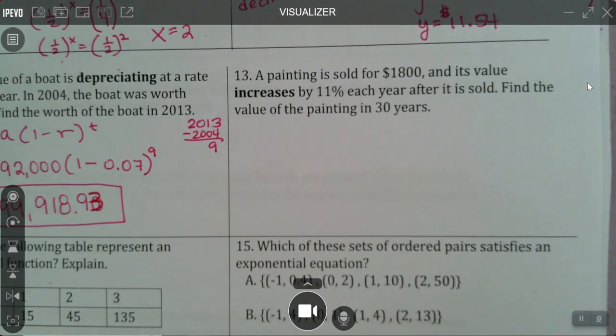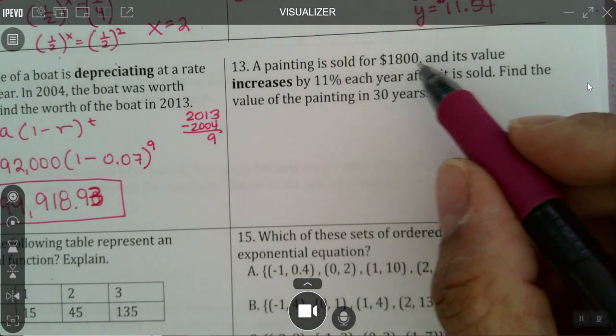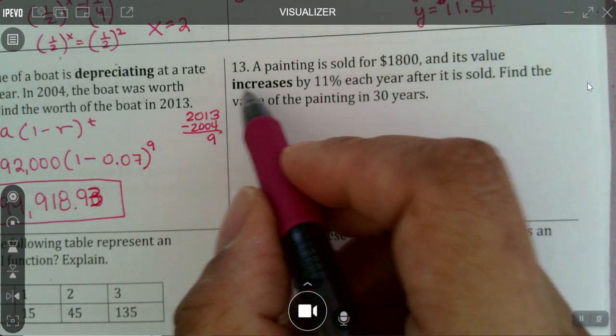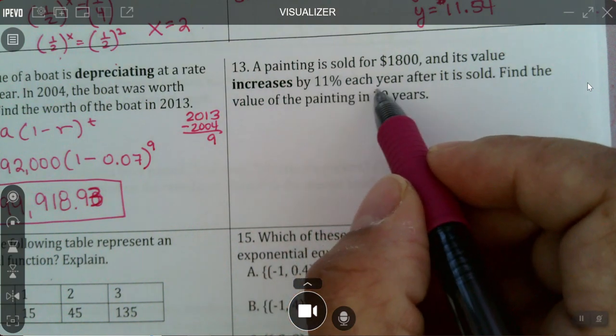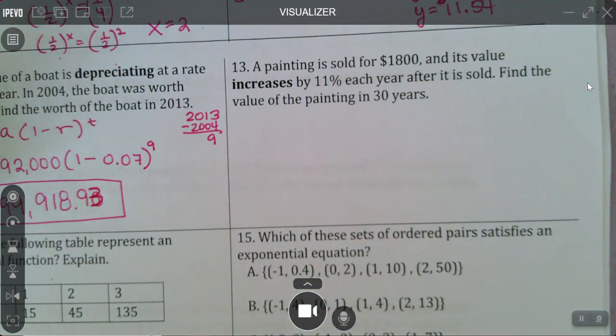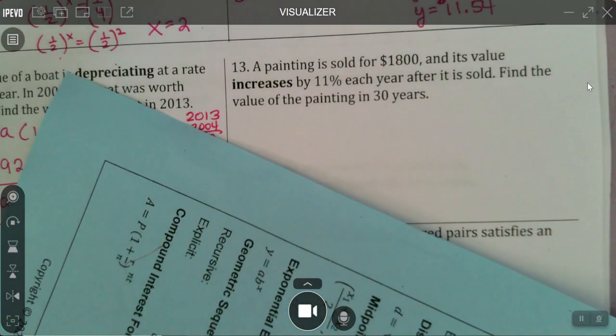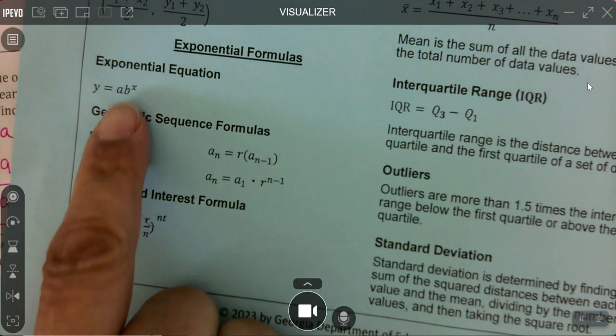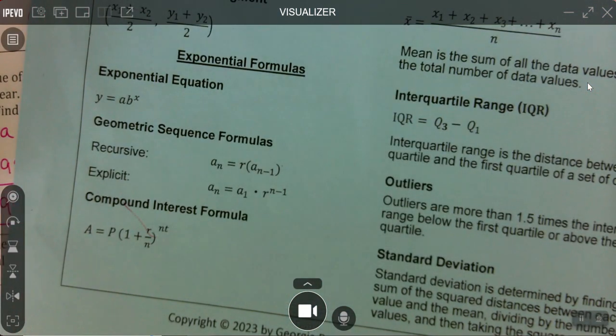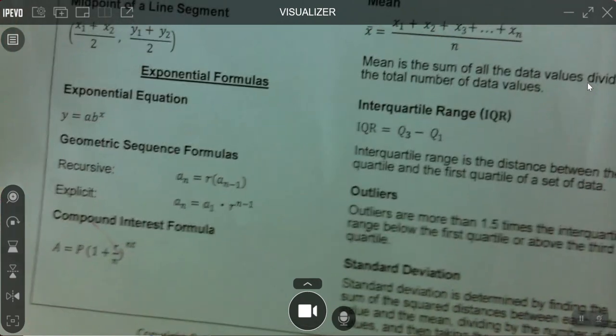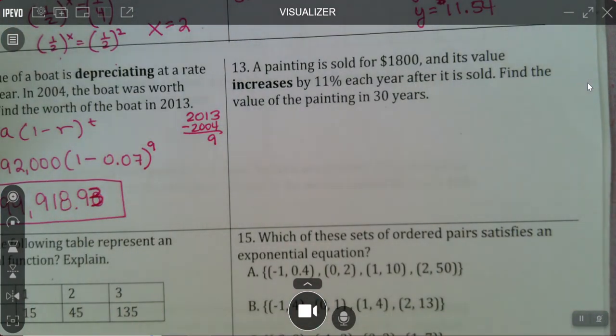All right, a painting is sold for $1,800 and its value increases by 11% each year. Is this linear, quadratic, or exponential? Exponential, but your formula sheet only gives you y equals ab to the x. So what do you have? Growth, decay, doubling, tripling, half-life?